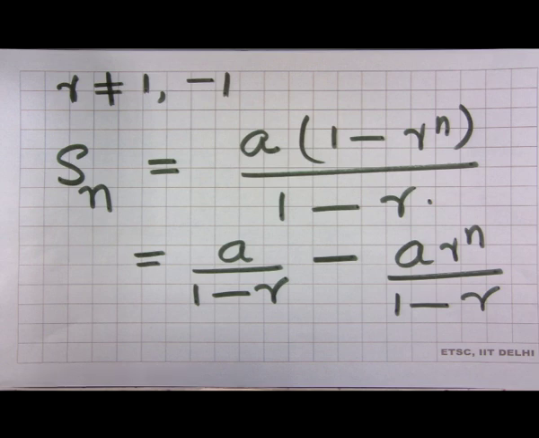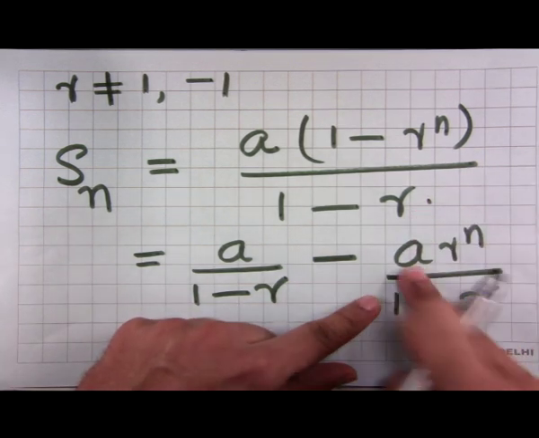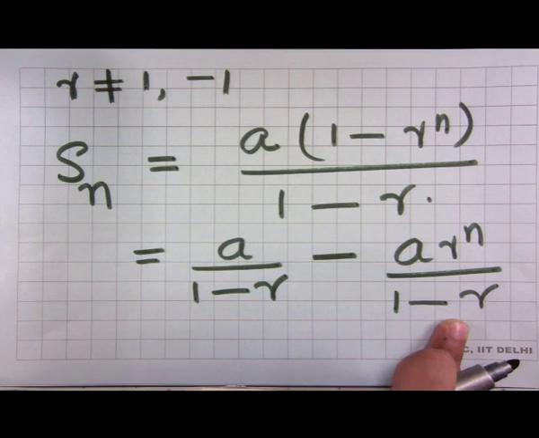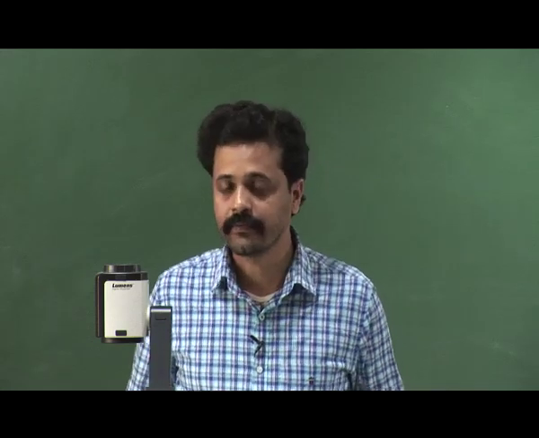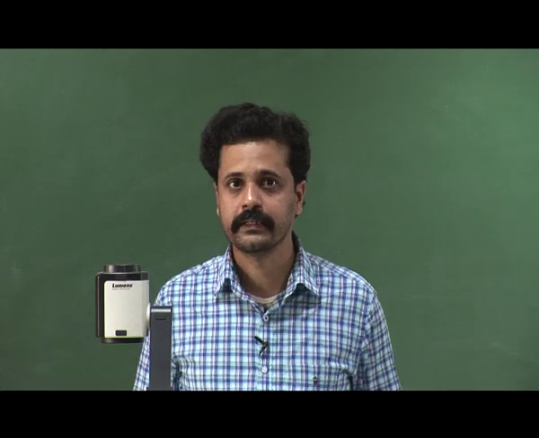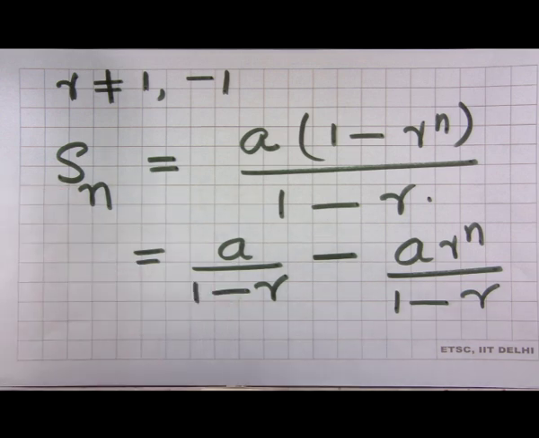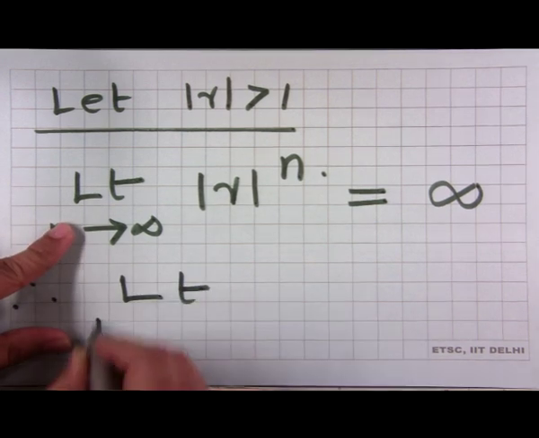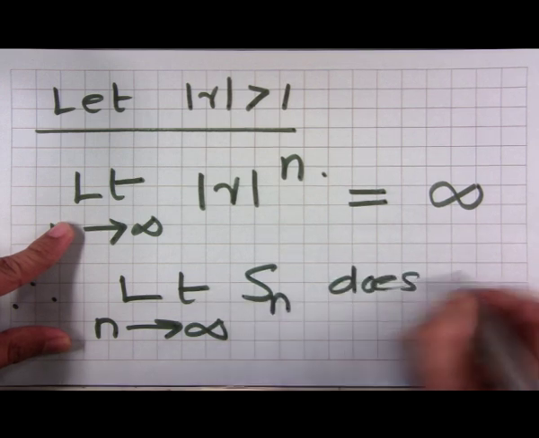Keeping this in mind and going back to the expression of Sn, one can see that as n becomes large, the second term, a r^n by 1 minus r, does not become close to a fixed real number. In other words, it is not convergent. Therefore, limit Sn also does not exist. Therefore, limit as n tends to infinity of Sn does not exist.